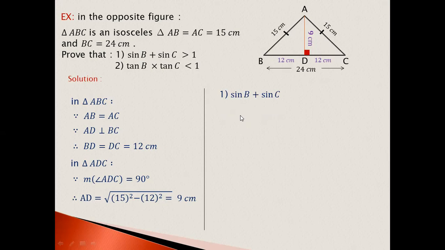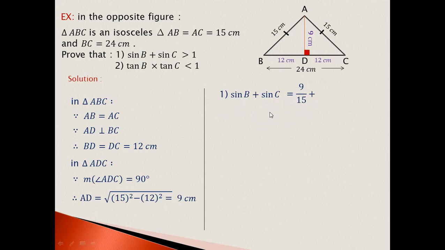If we need to find sine of the angle B, we know that it's going to be the ratio between the opposite side of the angle B and the hypotenuse. And the opposite side of the angle B here is 9 centimeters, and the hypotenuse is 15 centimeters. So sine B equals 9 over 15.